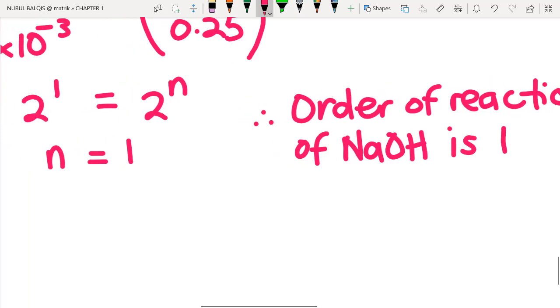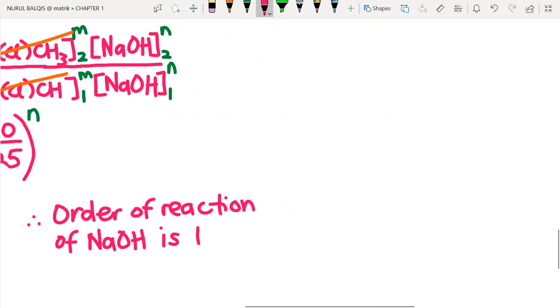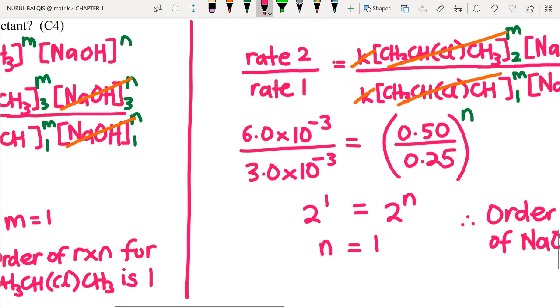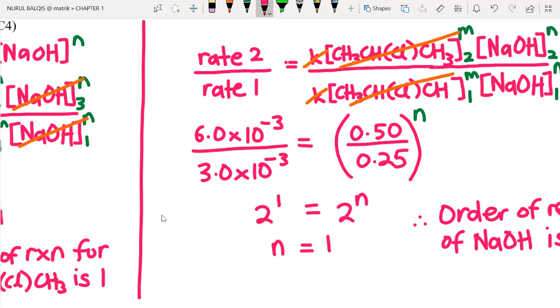Sometimes we need to state the overall order of reaction. So the overall order of reaction for this reaction is 1 plus 1, which is 2. But since the question didn't ask for that, we can keep it separately. If the question ever asks you about the overall order of reaction, you simply add these two values.